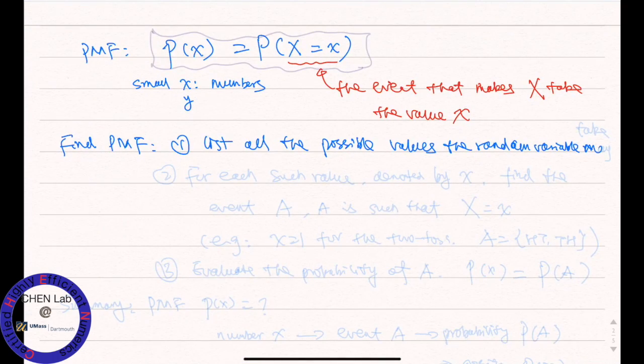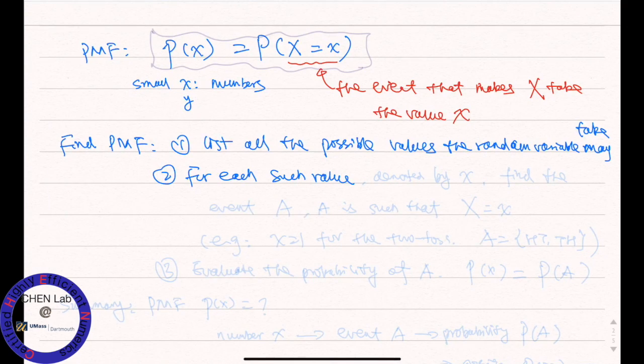These are all the values the random variable may take for the number of heads. And it can be infinitely many. When we cannot really list them, we have to use notation. That's the power of mathematics here.